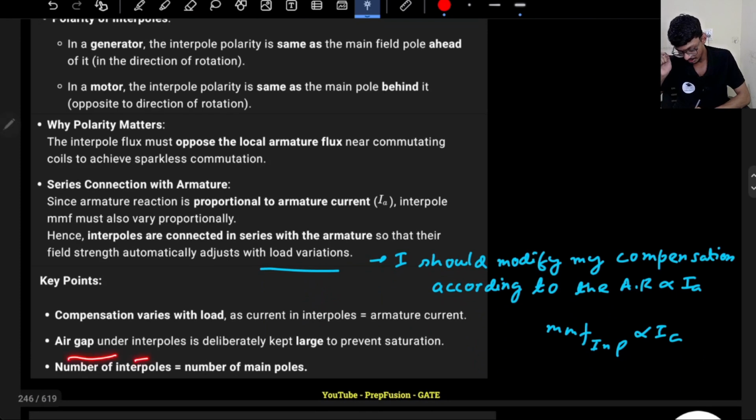Also, the air gap under the interpoles is deliberately kept large to prevent saturation.